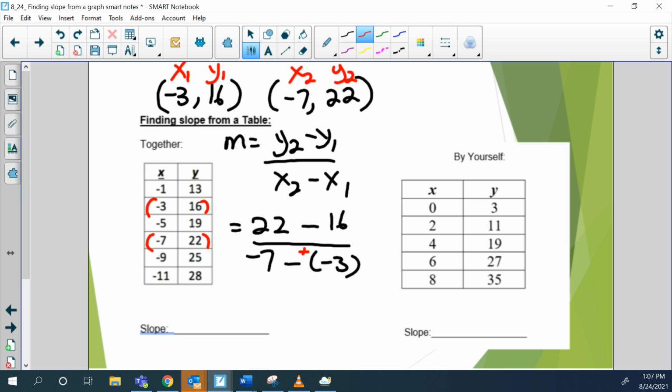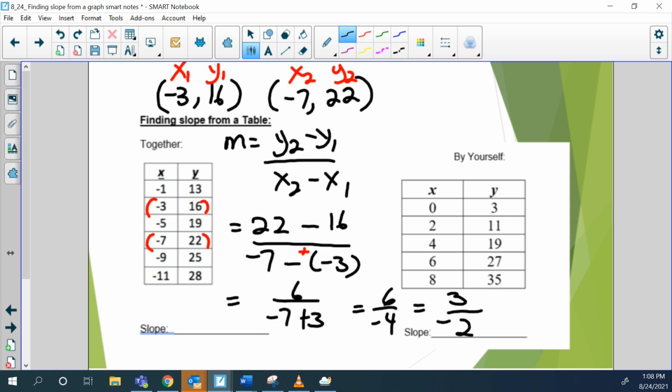Negative and negative is going to be a positive. So I'm going to get now 22 minus 16 is 6. And that is over -7 plus 3. And if you simplify that, that's going to give you, let me put an equal sign, 6 over, if you add these two, -7 plus 3, that gives you -4. And if you simplify that further, that gives you 3 over -2.